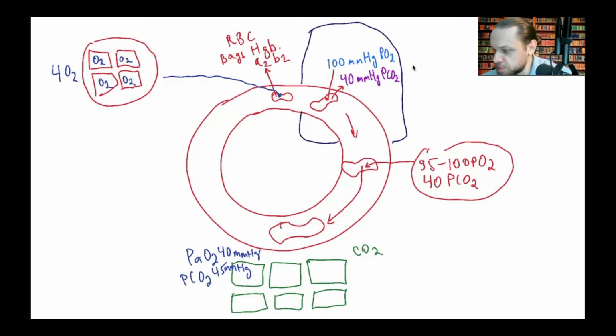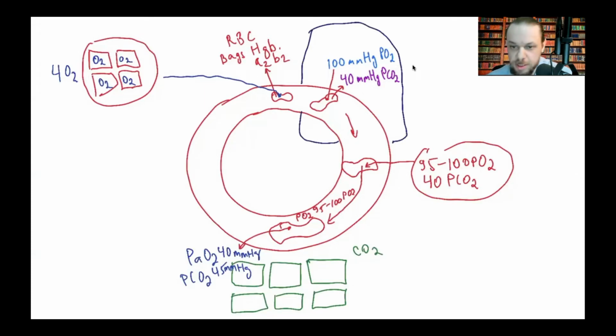So here, as we're coming in, we said the oxygen content, PO2, was 95 to 100. So here in the cells, we see that it's 40. So the exchange is going to go from this red blood cell to your tissues.